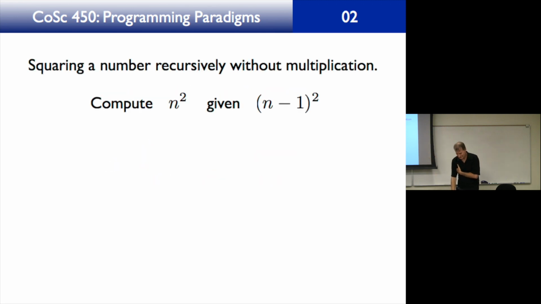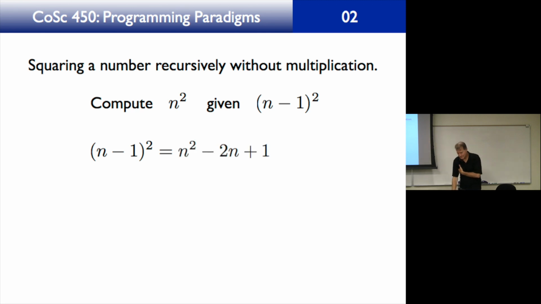Well, look. We need to compute n squared given (n minus 1) squared, right? What do you think we should do? Can we multiply (n minus 1) squared out? What do we get? No, (n minus 1) quantity squared. What do we get?